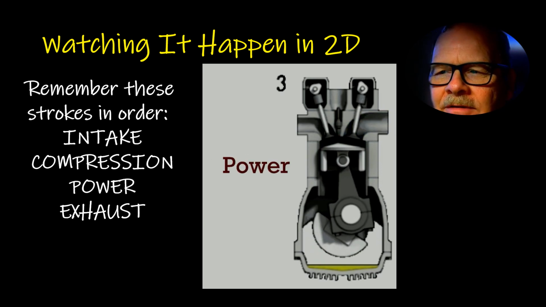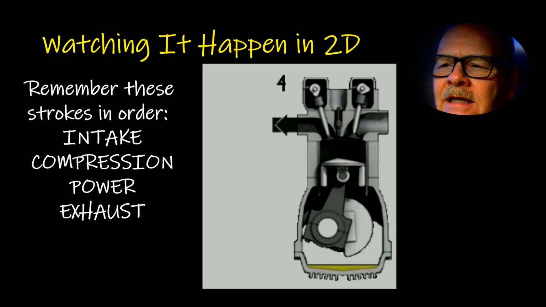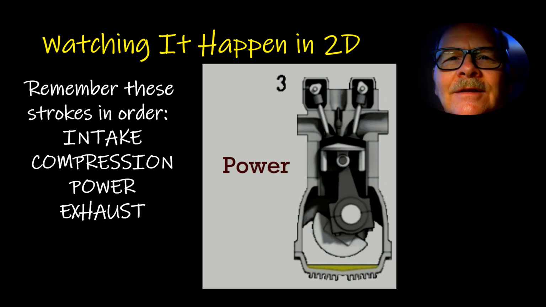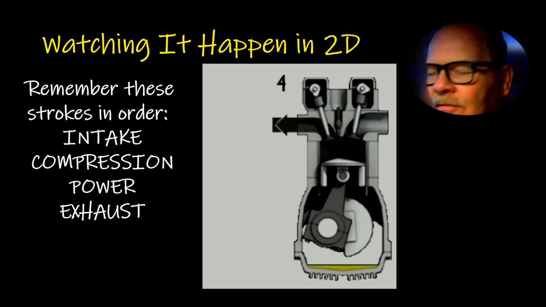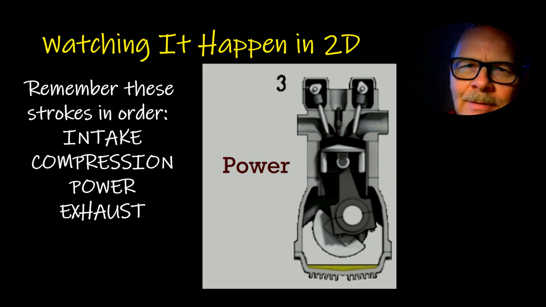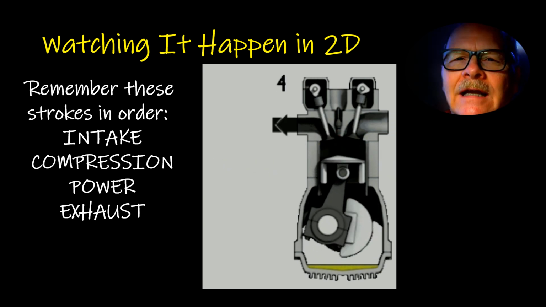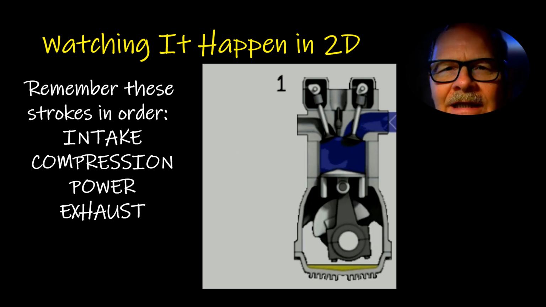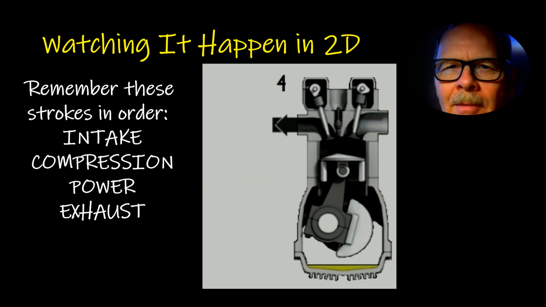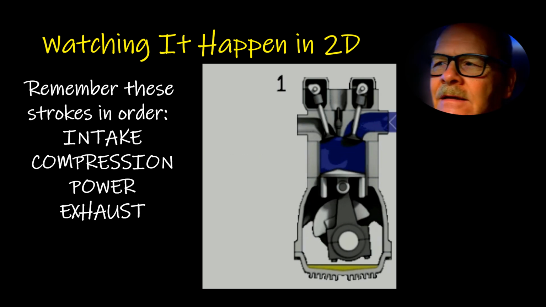This is two-dimensional, but you can see how it's working, and it's turning that crank, and it's providing the power that turns the torque converter or the flywheel in the clutch, and then that goes into the transmission, and it spins the final drive, and the final drive drives the wheels, and that's how you go down the road. Of course, you're multiplying the torque going through a gearbox and all this kind of thing, so just keep that in mind.